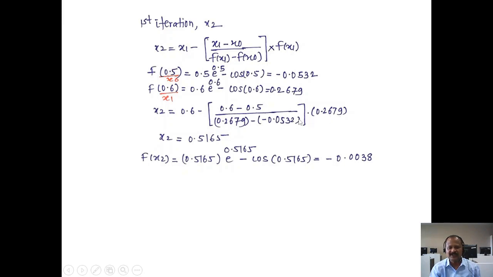Do the calculation. After calculation, x2 is equal to 0.5165. Now put this value in the equation: 0.5165 into e raised to 0.5165 minus cos of 0.5165 is equal to minus 0.0038.